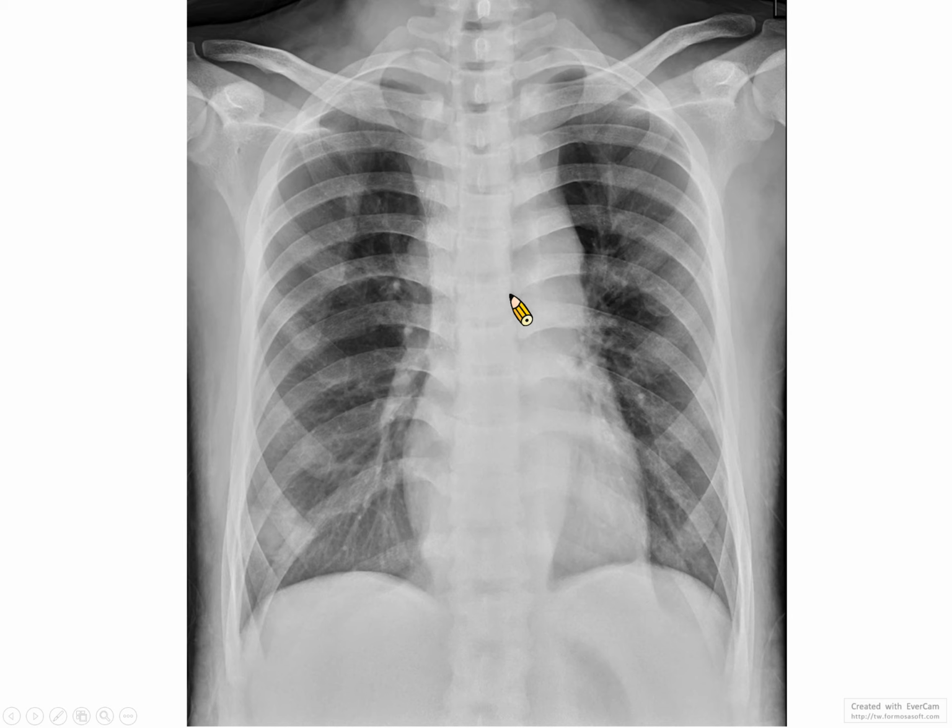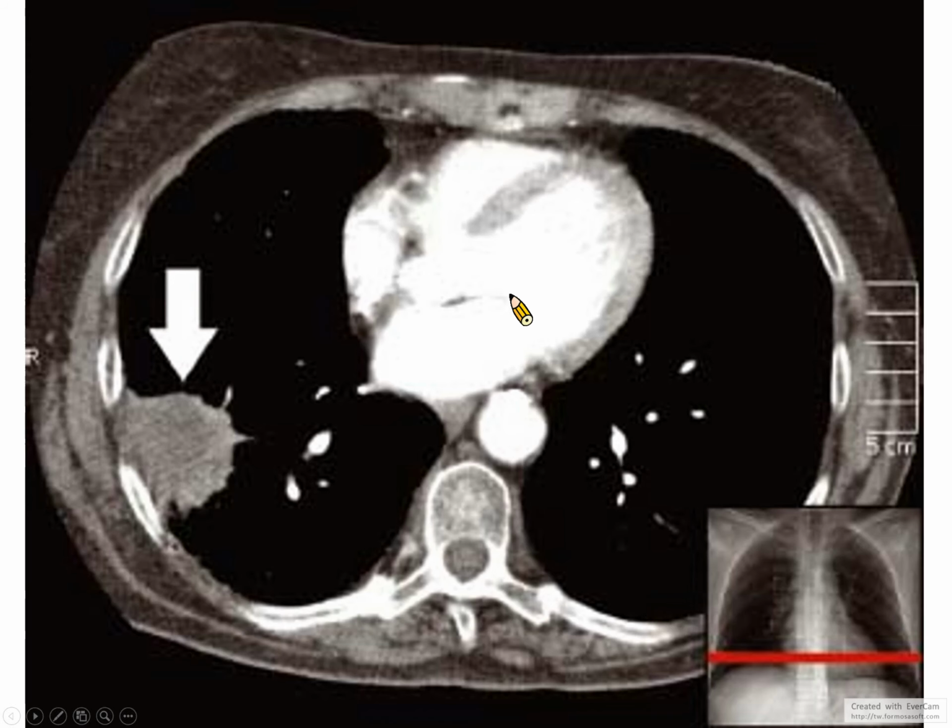CT scanning is also based on X-ray, but instead of just using X-ray to penetrate through in one direction, computed tomography uses X-ray to penetrate through different directions to reconstruct the body images from the result.